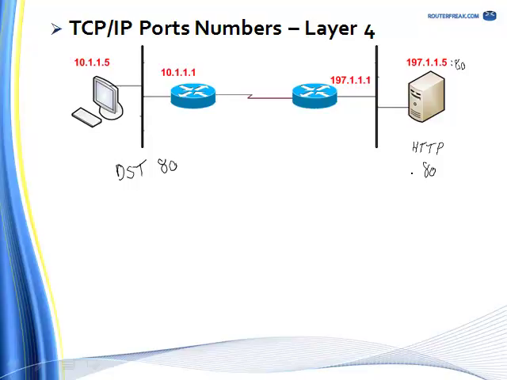You can also have, say, a Microsoft Active Directory server. Each of these services listens on the same IP address, but they all listen on different port numbers. And each port number represents the well-known service that is running on that server.